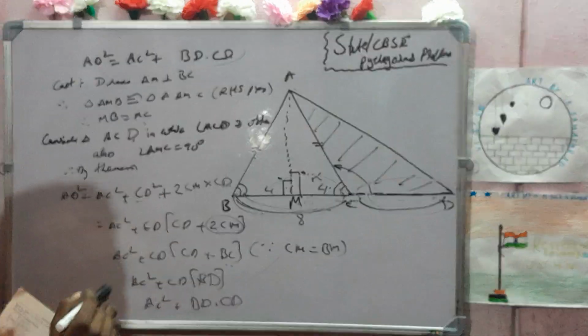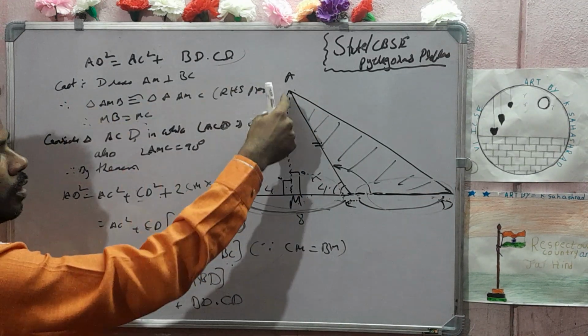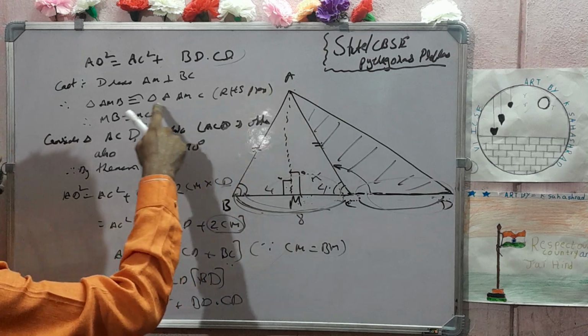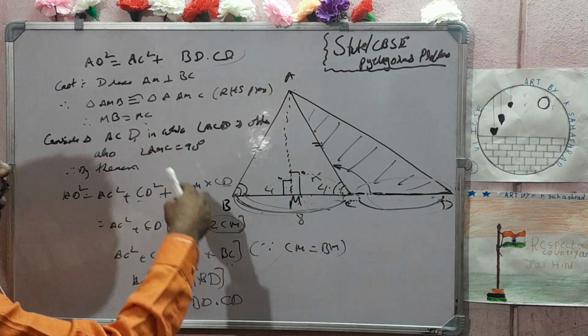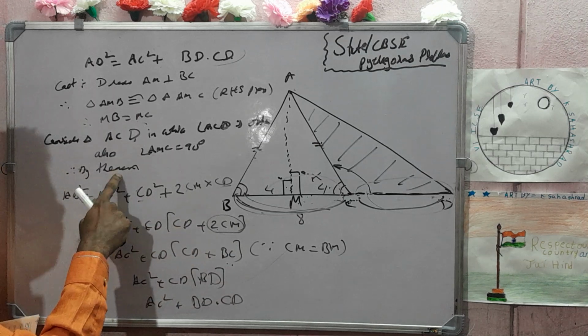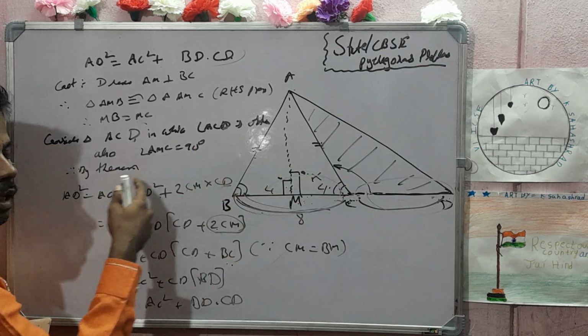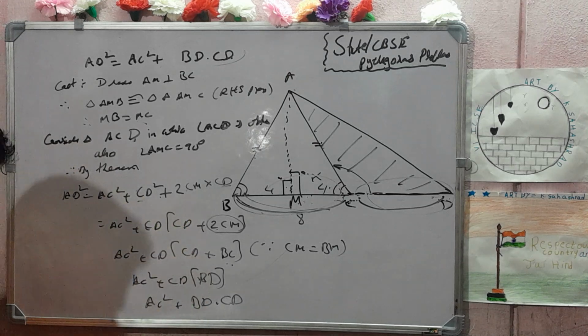The only thing is you have to draw the construction. Construction is very important. Draw AM perpendicular to BC, prove that the triangles are congruent, and hence apply the theorem. When there is an obtuse angle, you have to apply Pythagoras rule. I applied it and now got the answer.